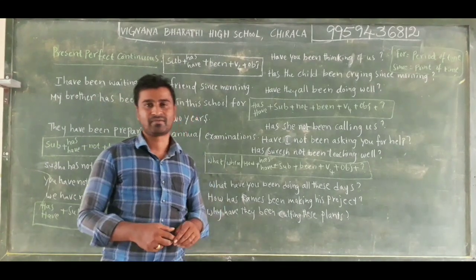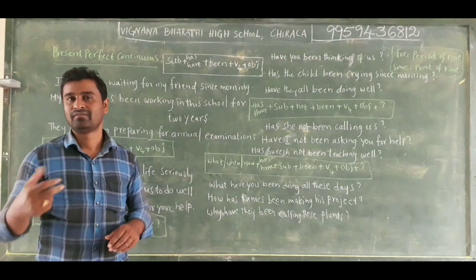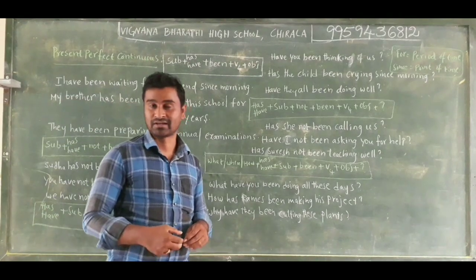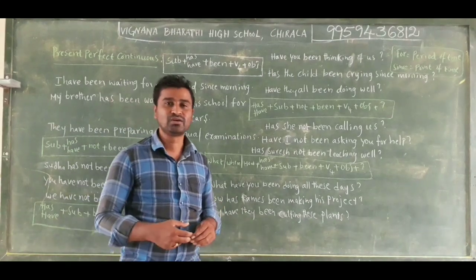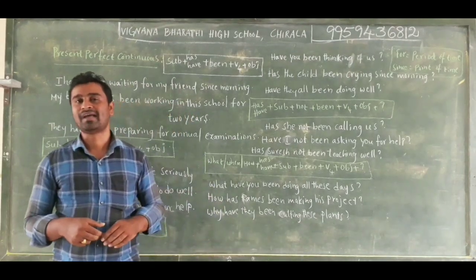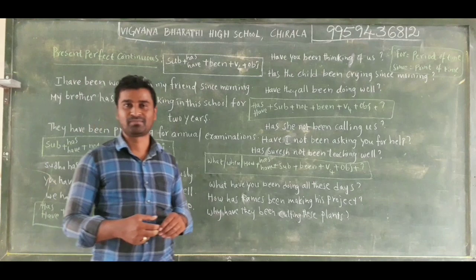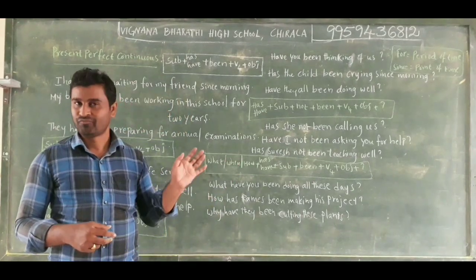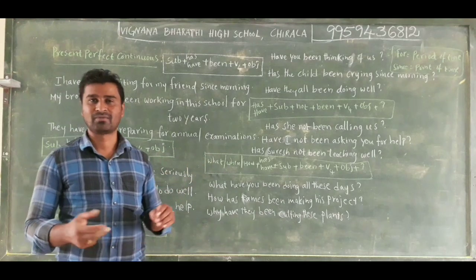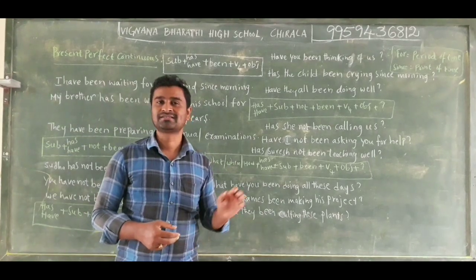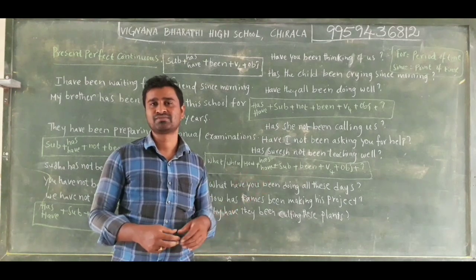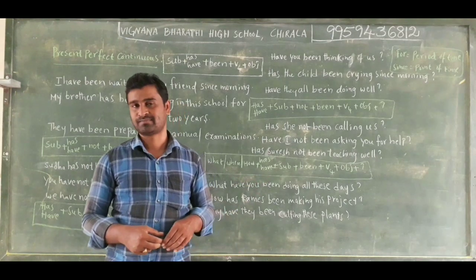The uses of the present perfect tense are when the time is indefinite and the action has been completed; just completed actions; and long back in the past we have completed an action, but its significance is felt at the present. In these three aspects we use present perfect tense.